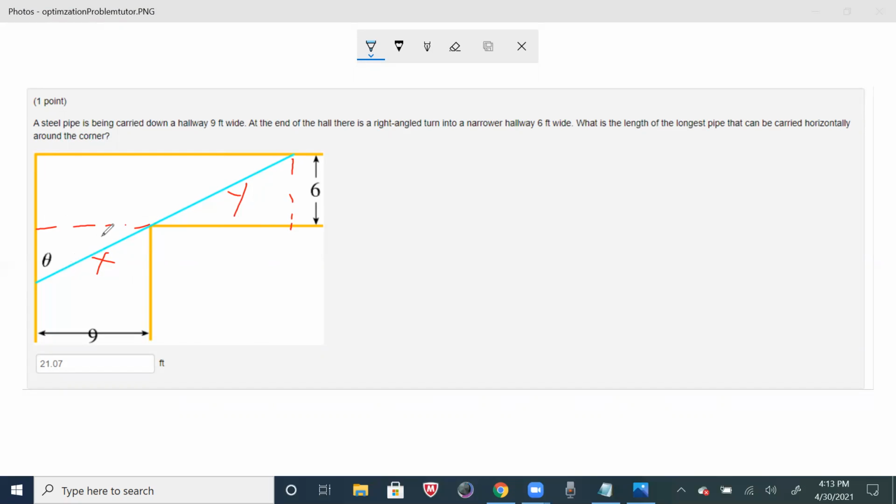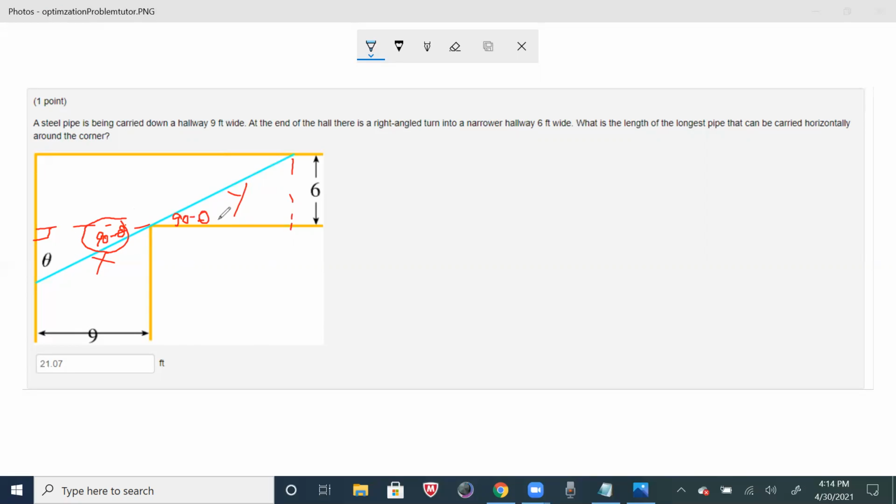And you have to realize that that angle is 90 degrees minus theta, because in a right triangle, the 2 acute angles are always theta and 90 minus theta. And if that's 90 minus theta, that's 90 minus theta.